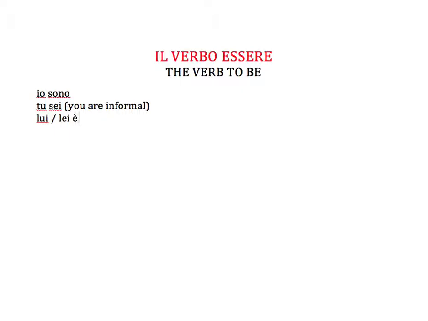Now, here you notice something a little strange. You see this vowel E with an accent. If you don't have an Italian keyboard, probably it will be hard for you to find this letter with the accent. So remember that in this course, you can use just a regular letter E and put an apostrophe next to it.